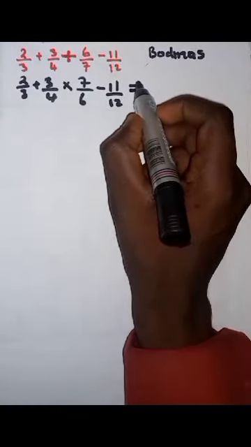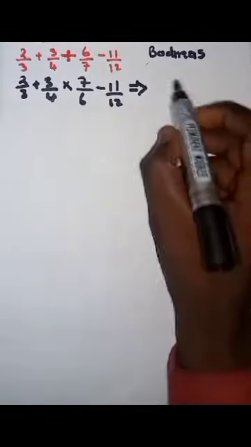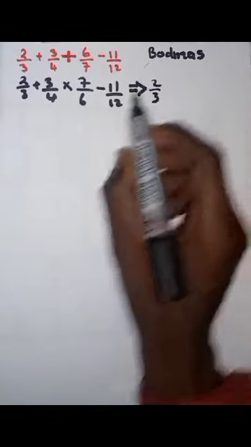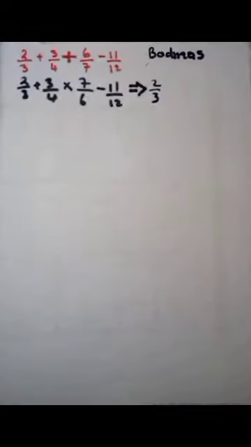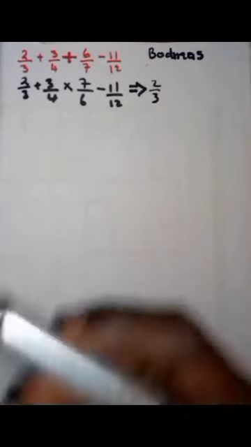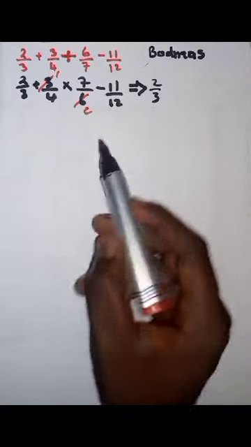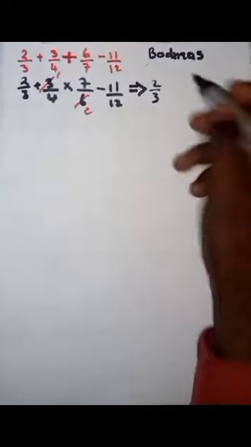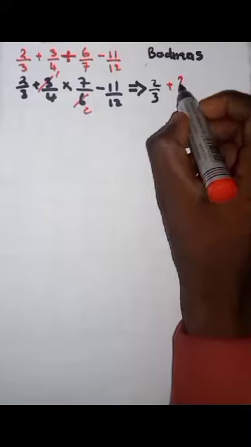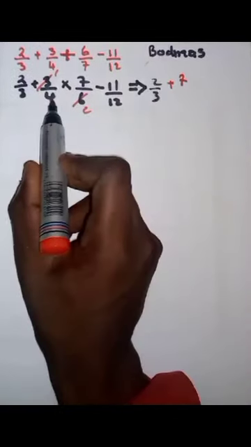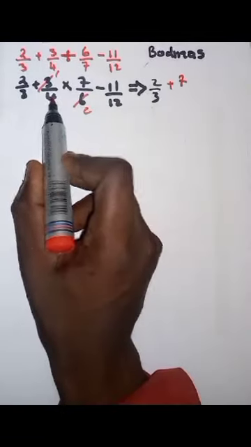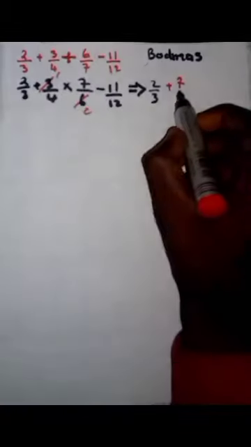That implies I can have my 2 over 3 here. Then I can cancel this 3 up, 1 times, and cancel 3 here, 2 times. So I'm going to have 1 times 7, which gives me 7. Then here is going to be 4, and 4 times 2 gives me 8.